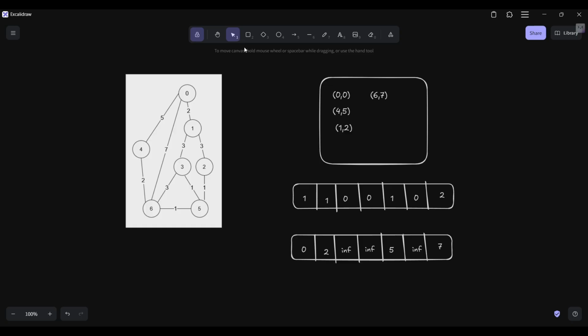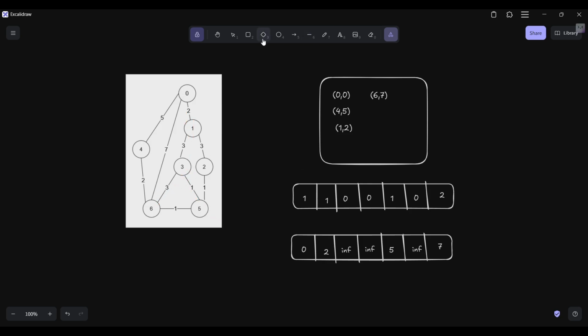Then we move to the next, that is 0 to 1, and then on to 3. It will add 2 plus 3, which is 5, and this will happen again and again till it reaches its last point, that is 6.